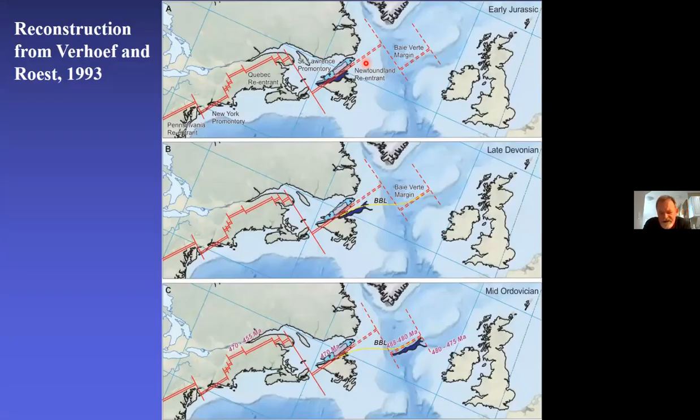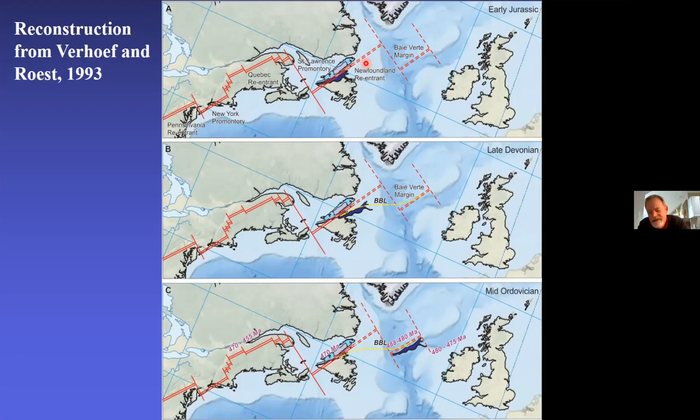So this is a reconstruction of the Laurentian landmass prior to the opening of the Atlantic Ocean. It is a reconstruction from two of my colleagues at the GSC, now retired or gone, Jacob Verhoef and Walter Roest. They did a very careful reconstruction and de-stretching of areas which had undergone lots of stretching. And I superimposed the promontories and re-entrants by Bill Thomas onto it.